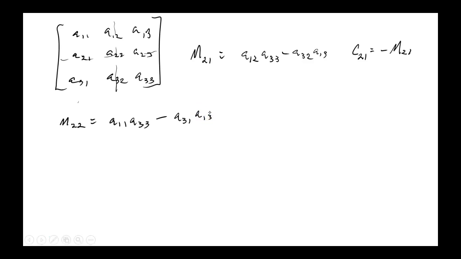That is the minor of the A22 entry. The cofactor of that 22 entry would just be the same as the minor, because 2 plus 2 is 4, an even number. Negative 1 to an even power is positive, so that would just be the same as M22.